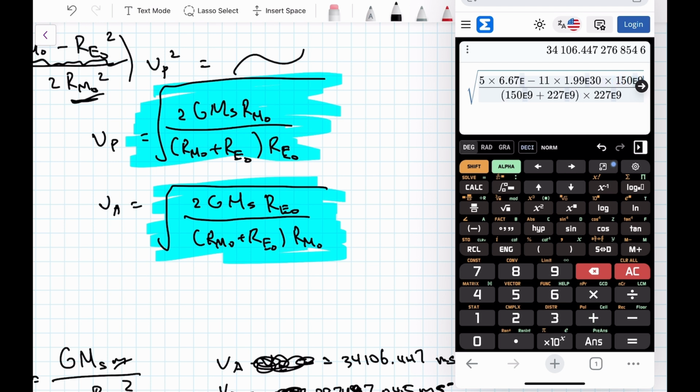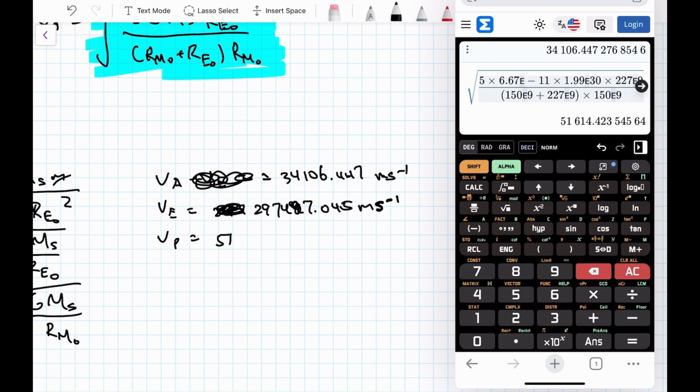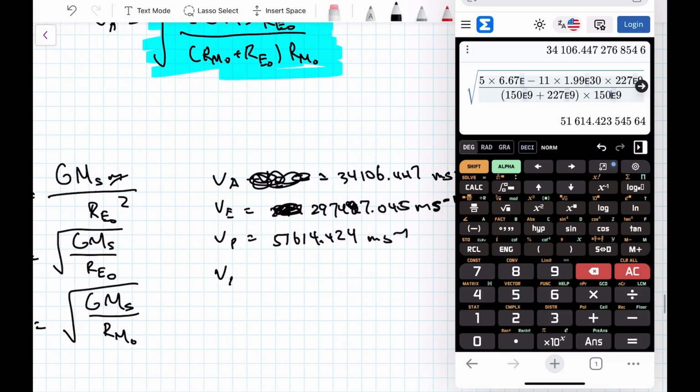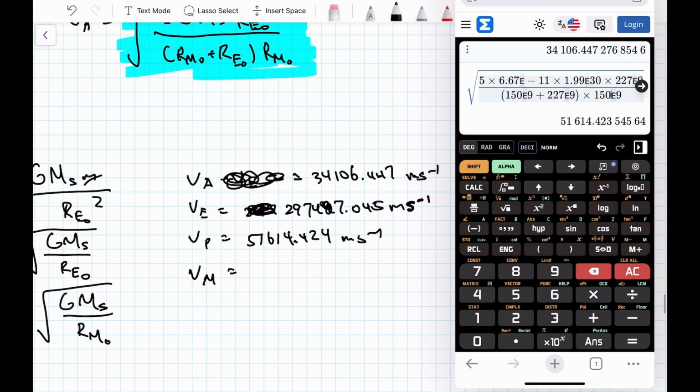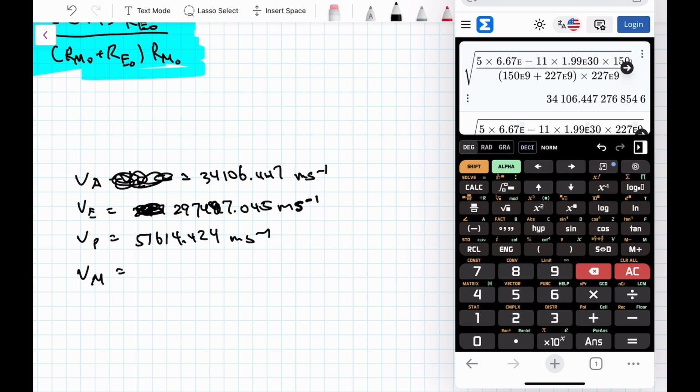So this should be 227 and this should be 150, and that is okay. So 51614.424 meters per second. We also have VA. Wait, this is VM. So we insert which equation?